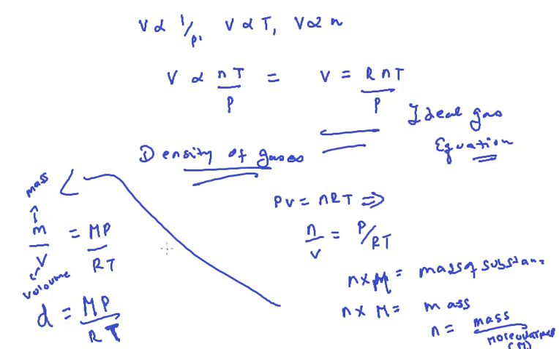Simple reason: the molecular mass of carbon dioxide is 12 plus 32, I believe it's 44, right? The molecular mass of oxygen would be 32 grams. So carbon dioxide will have a higher density than oxygen.